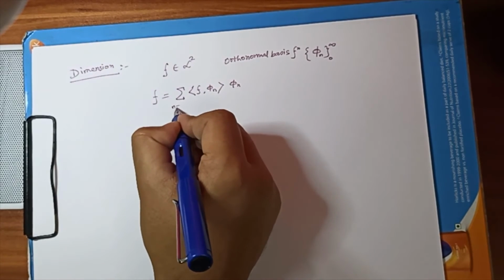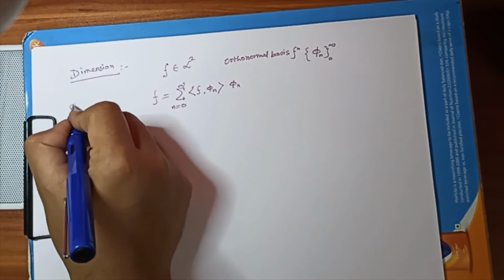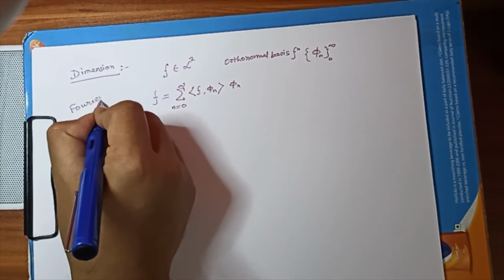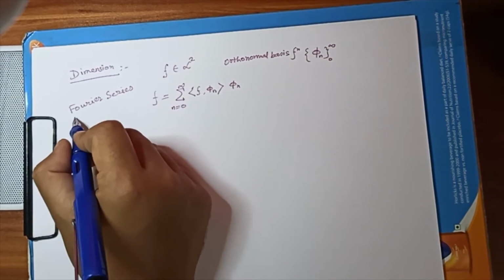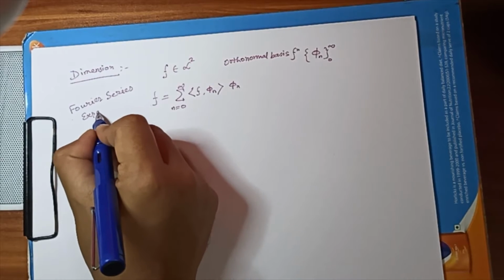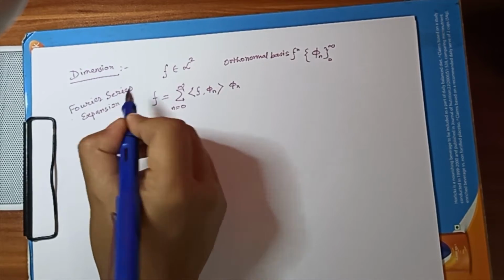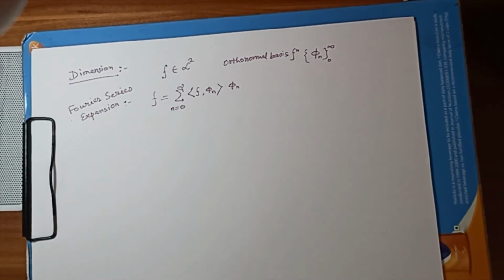So this is the Fourier series expansion, and we have already seen a couple of Fourier series expressions till now. One is using the complex exponential as a basis function for time limited or periodic signals. We have seen the sampling theorem for band limited signals. We have seen the prolate spheroidal expansion as well.